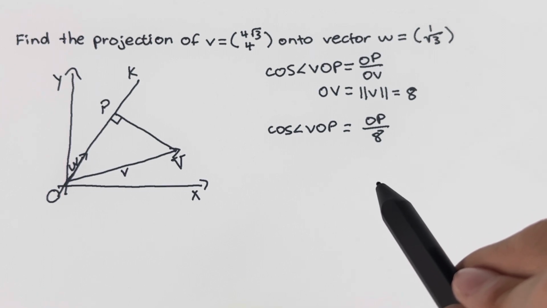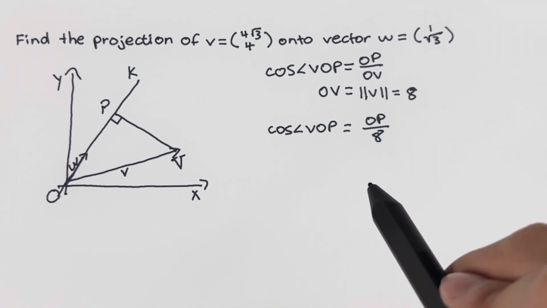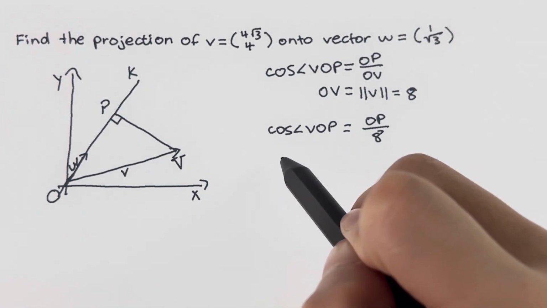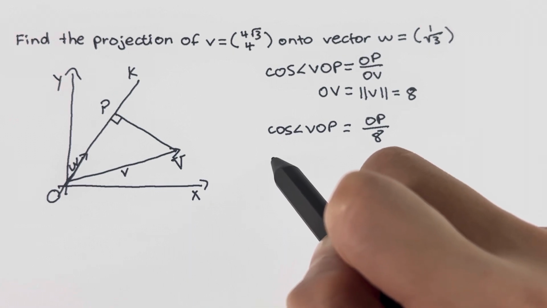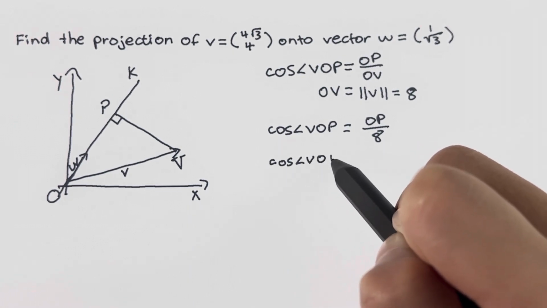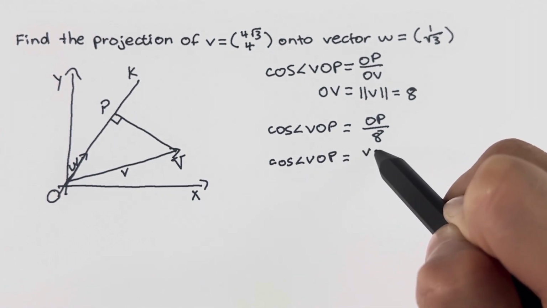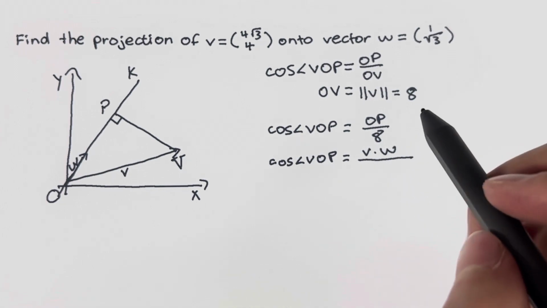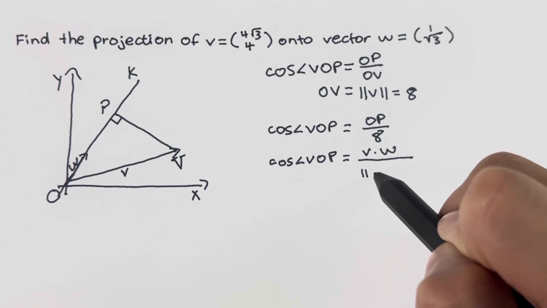Since cosine of angle VOP is the cosine of the angle between vectors v and w, we can use the dot product. The dot product will help us find the cosine of an angle that is formed by vectors. The formula for this is that the cosine of this angle is v dot w, the product of the two vectors, divided by the product of the norms of the two vectors.